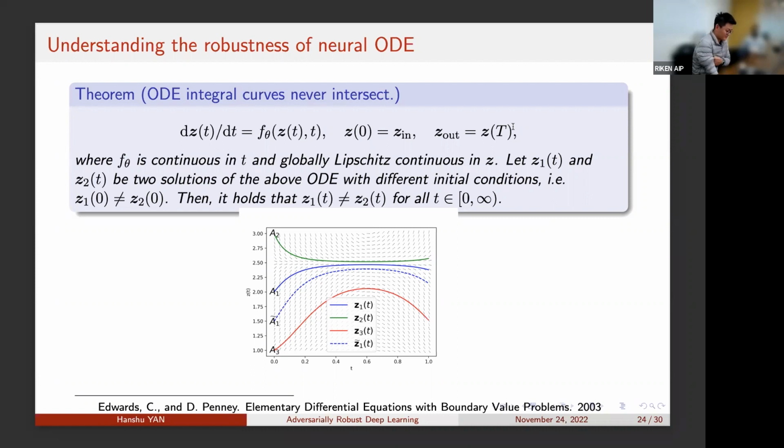Yes, exactly. Here the explanation only applies to 1 dimension and 2 dimensions. The higher dimension is an open question, but the theorem shows that the curves never intersect, and it holds for higher dimensions. But in the high dimension case, the never-intersection property may not induce better robustness.